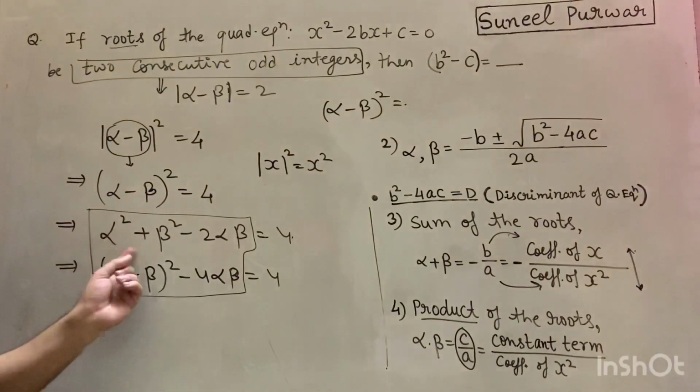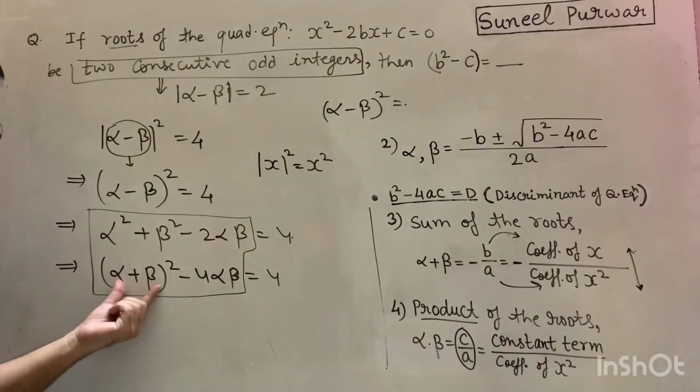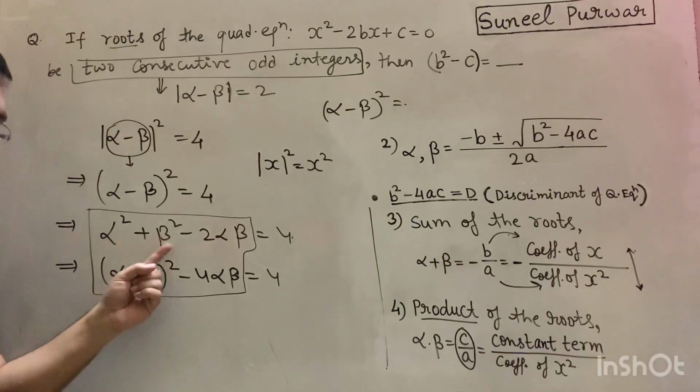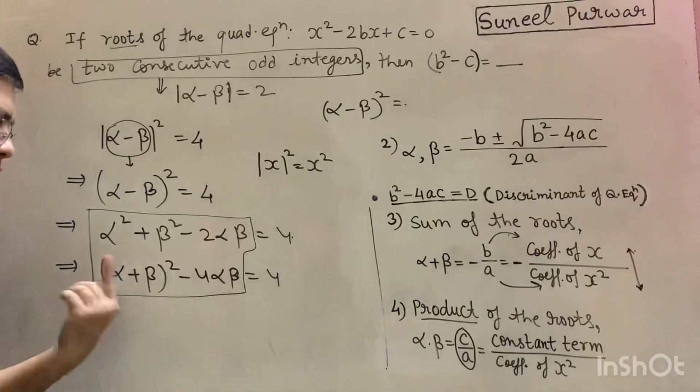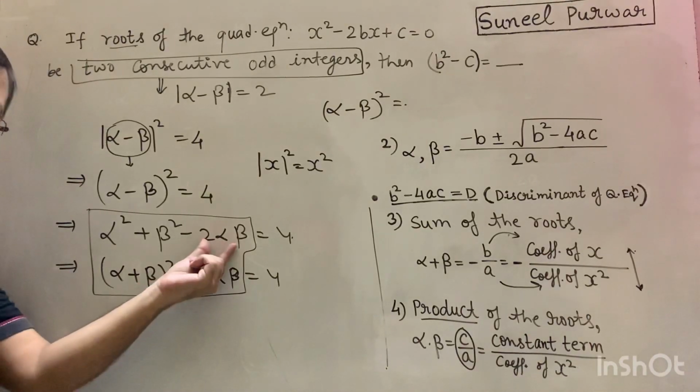So alpha minus beta whole square, if you do the squaring, is equal to this squaring formula. And if you open this square, what you get? Alpha square plus beta square plus 2 alpha beta, and this minus 4 alpha beta. What is the resultant then? Plus 2 alpha beta and minus 4 alpha beta will make it minus 2 alpha beta.